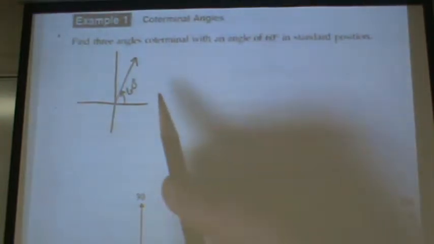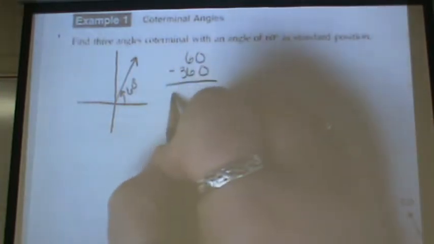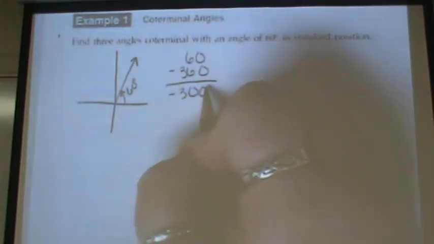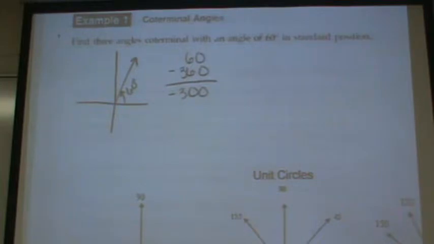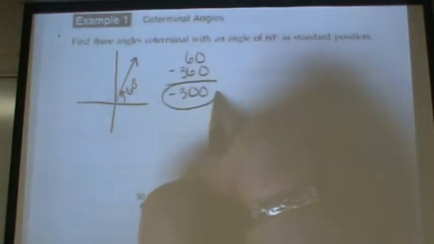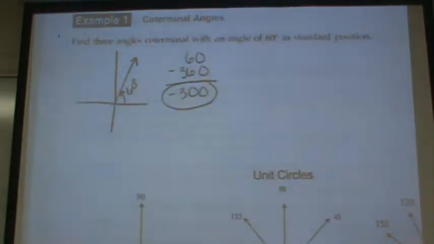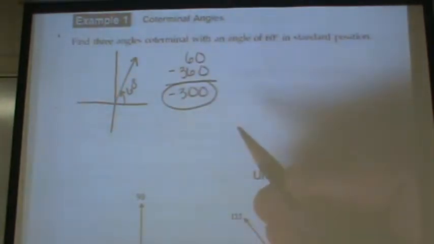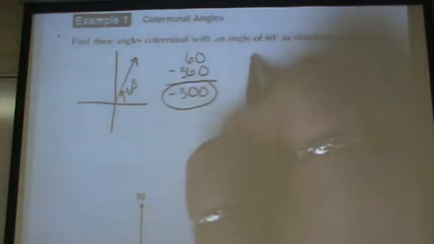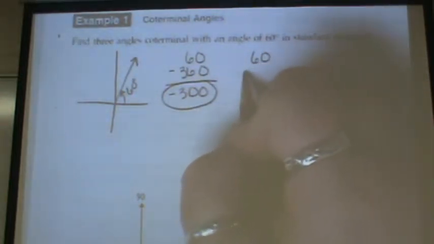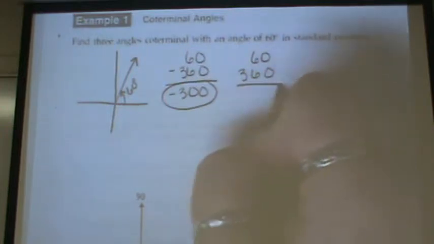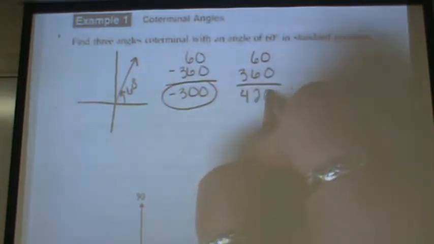So we could do 60 minus 360, which gives us a negative 300 degree angle. That would be a coterminal angle. What else could we do? 60 plus 360 would give us 420.